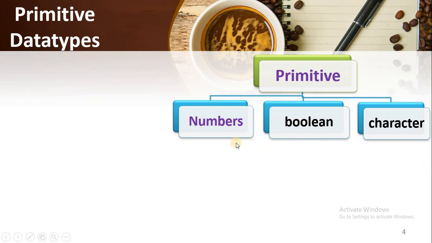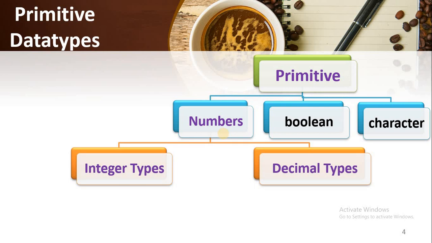In the primitive data types, we can store numbers, boolean values and character values. We will discuss boolean and character later. In this video, we are focusing on numbers. Numbers can also be of 2 types. Suppose you want to store a mobile number, that is a number without a fractional part, without a decimal part.